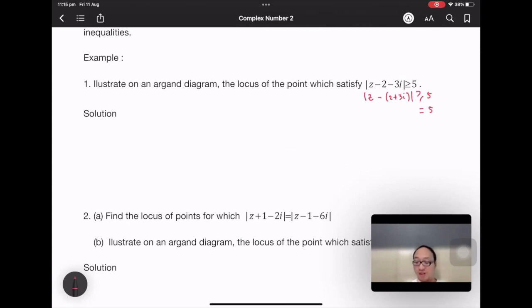So what is this? This is a circle with center 2, 3 and radius 5. So we draw. The center is 1, 2, 1, 2, 3. So this is the center and the radius is 5. So it will be like this.